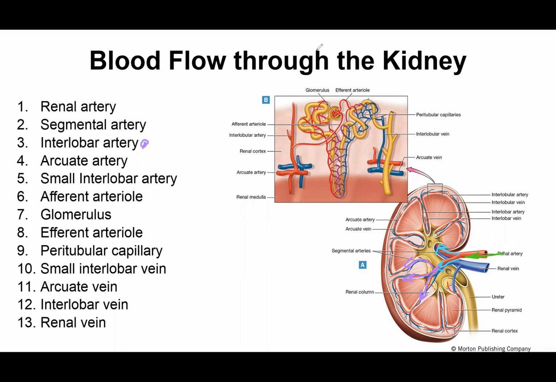So I'm just going to try to highlight these in these colors here so we can know which one's which. There's our segmental, and then we had our renal artery in green. Okay, so each of these interlobar arteries then are going to come around.